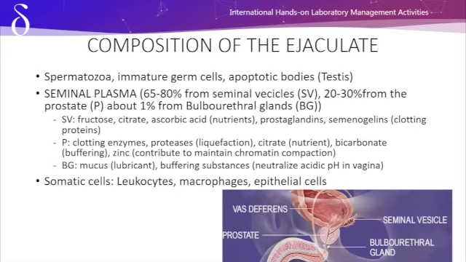Epithelial cells are cells that are also found in the urine, and they are also coming mostly from the urethra. The pH of the ejaculate should be maintained between 7.2 to 7.8 or 8 at maximum.